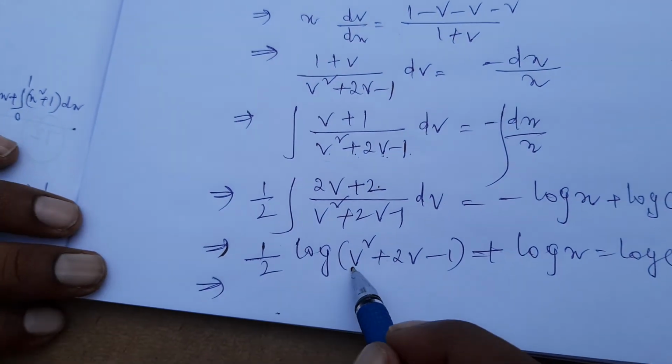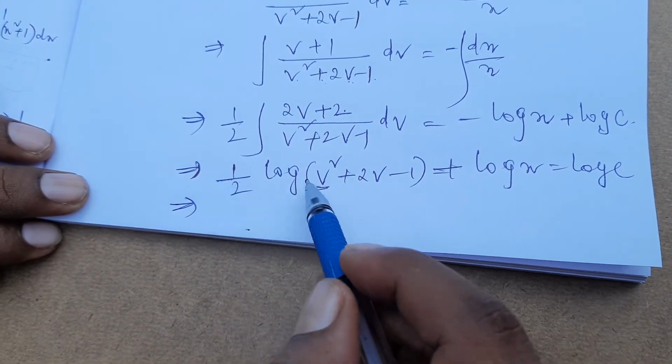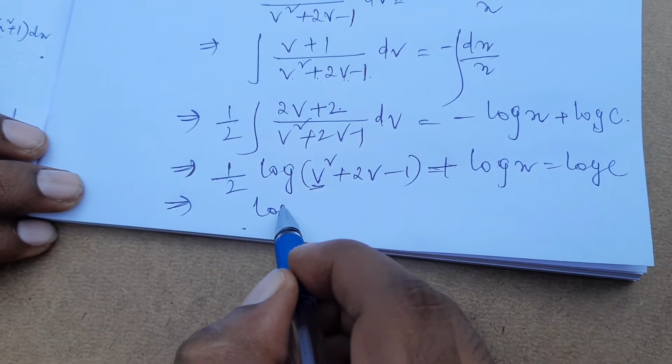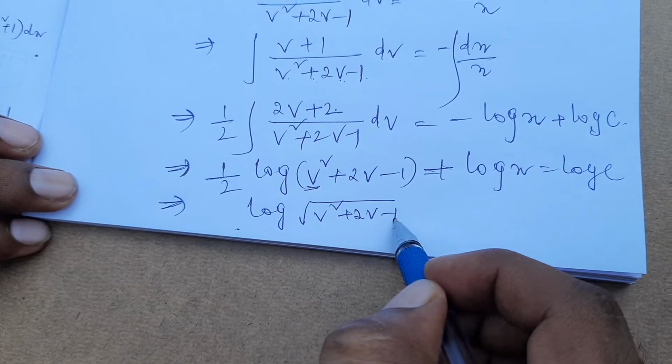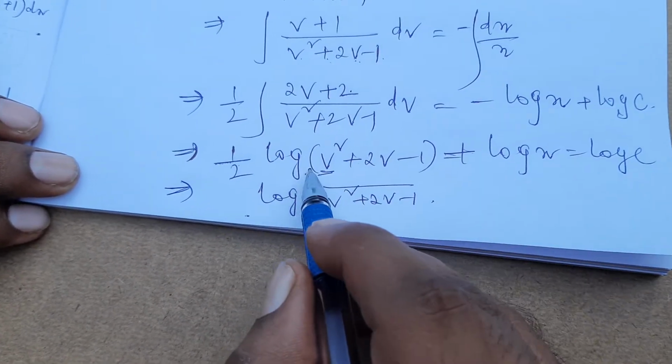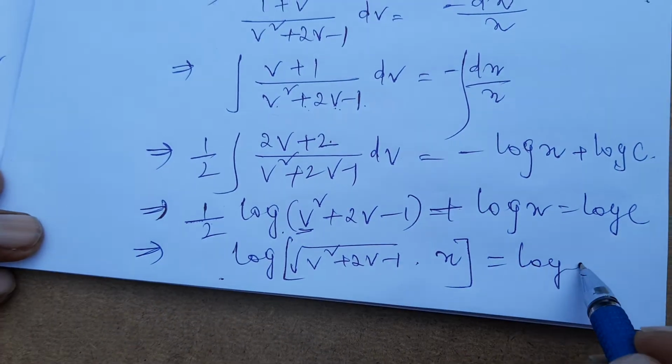Now here I can replace the v value, but before that the 1 by 2 will come. So logarithm of root of v square plus 2v minus 1, plus log x, by log a plus log b equals log ab, equals logarithm of c.